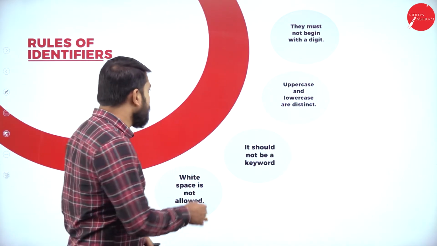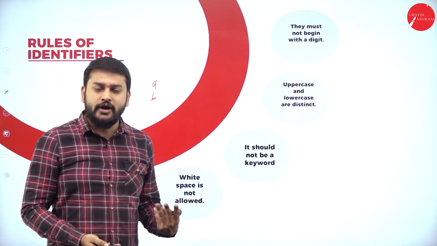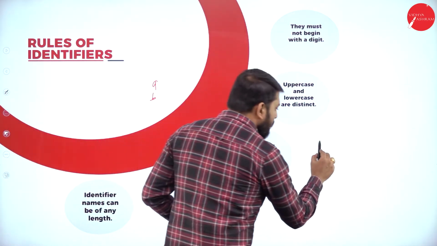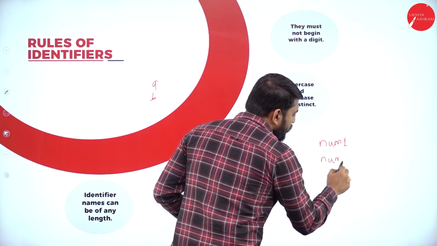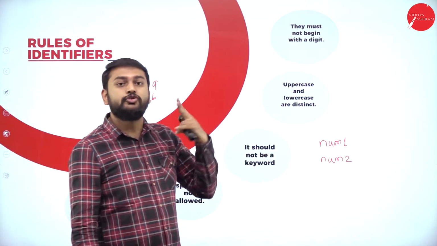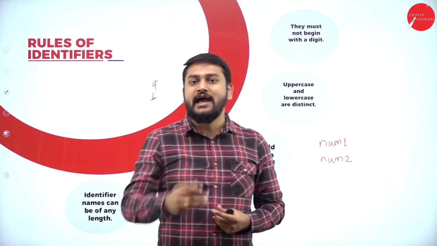If I take A and B, fine in this program, but the professional way is to take number 1 and number 2. So you will understand which one is number 1 and which one is number 2. The variables should speak what exactly you are doing.